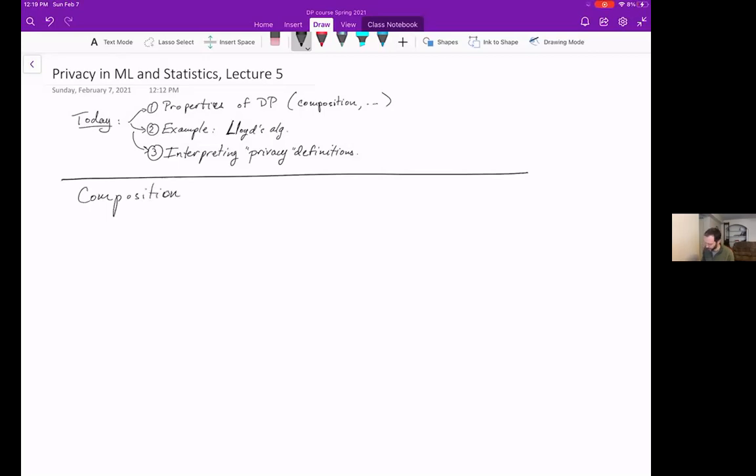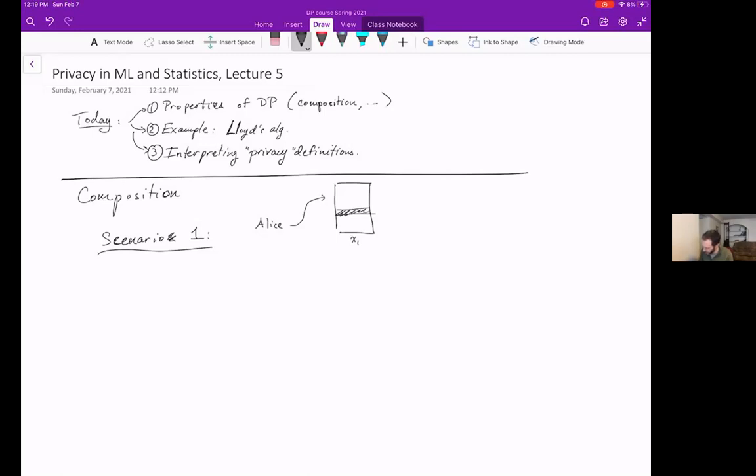Composition is sort of a general term that really encompasses two different kinds of things. And so, maybe it's helpful to think in your mind about two different scenarios. In scenario 1, we've got a person, Alice, and her data is actually in two data sets. So there's data set X1, and this is her record here.